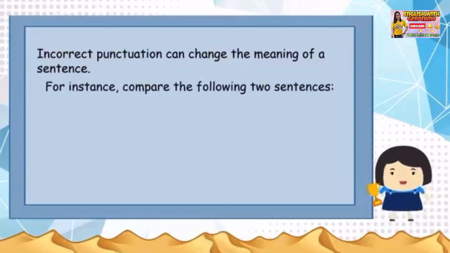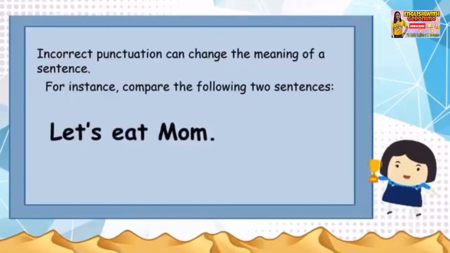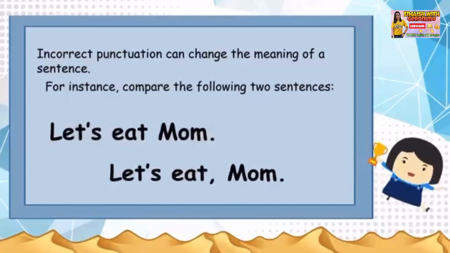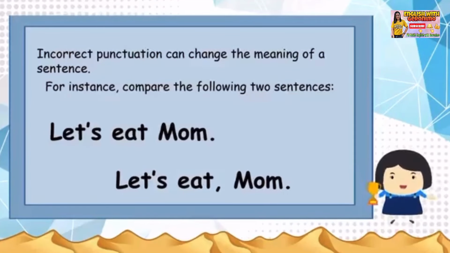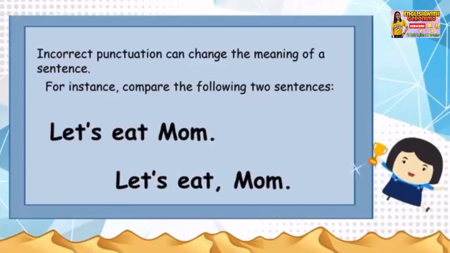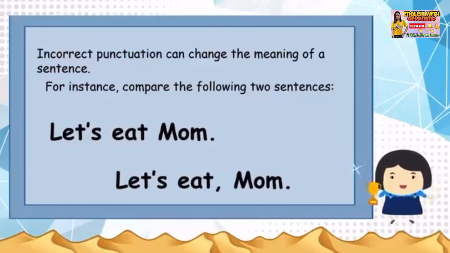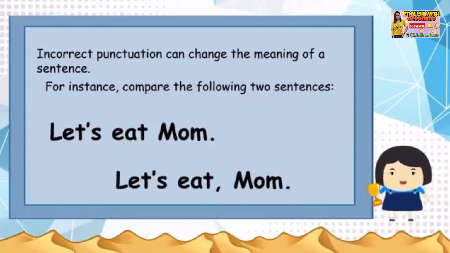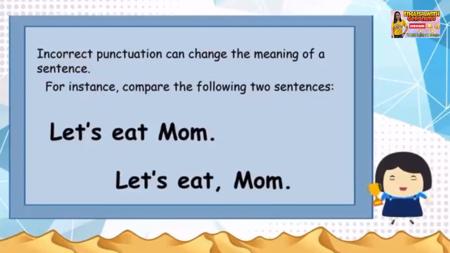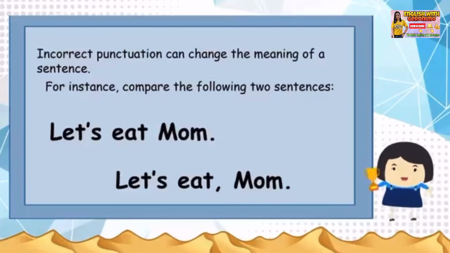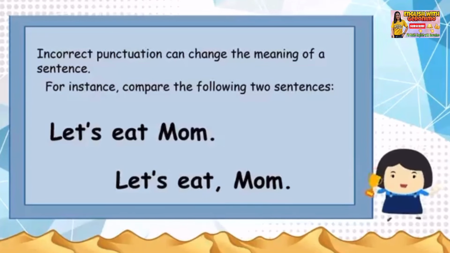For instance, compare the following two sentences. Let's eat Mom. Let's eat, Mom. Do you see how the usage of a comma changes the entire meaning in both the sentences? The absence of comma in the first sentence indicates that the speaker is asking to eat their mom, which does not make sense.